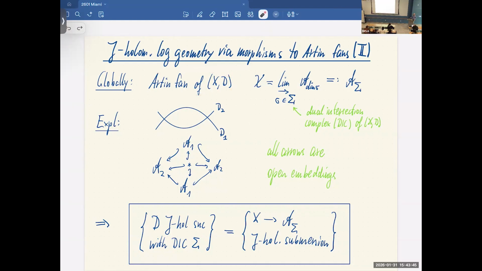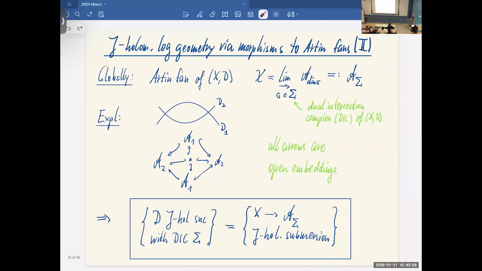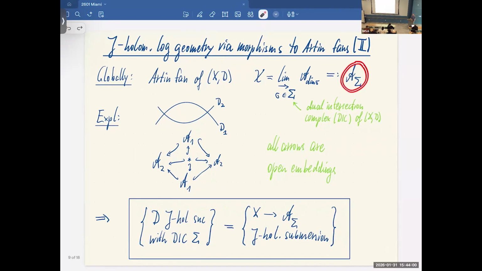Okay, and it's a natural repository of log structures on that space. So you take the colimit of all these things, and that is, I should maybe write it as sigma. I'll explain the sigma in a second, or interchangeably curly X, which is easier to write.